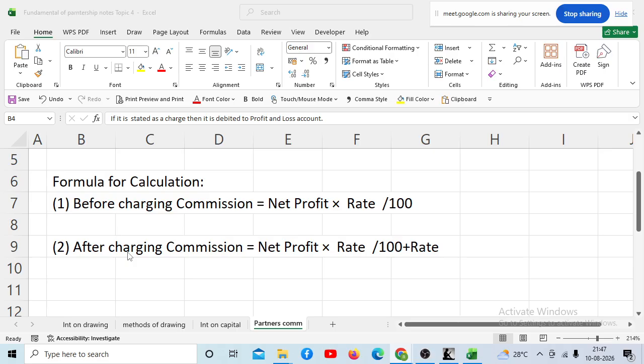Because we don't know the profit after charging commission; whatever the profit is, it is before commission. Like suppose they tell 10%, I will write 10 divided by 110.